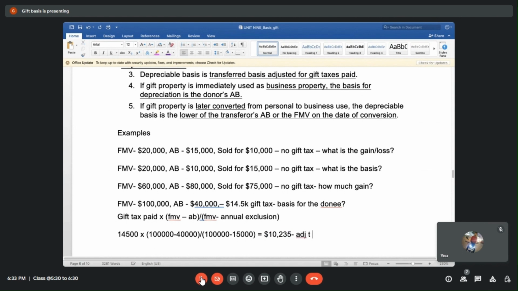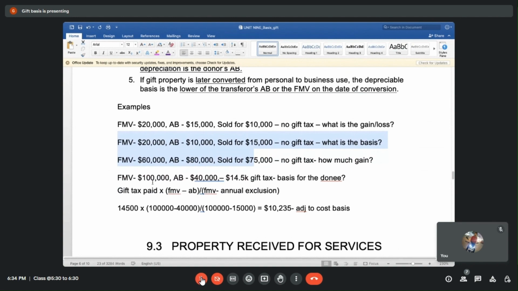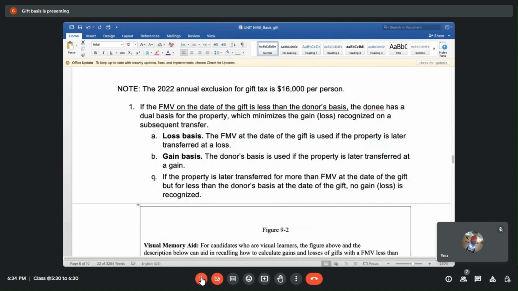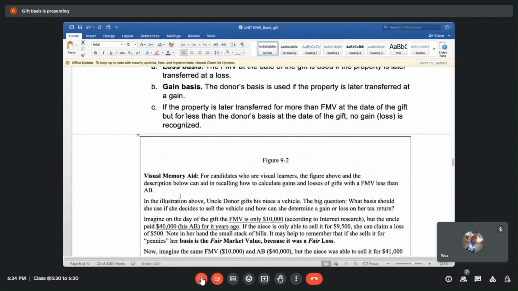Adjustment to cost basis. And so now what is going to be the basis here for the donee? She's not selling or buying it. But the fair market value is higher, so you don't have to go with these rules. When the fair market value is lower, we look into the loss basis, gain basis and all. We don't need to worry about that.